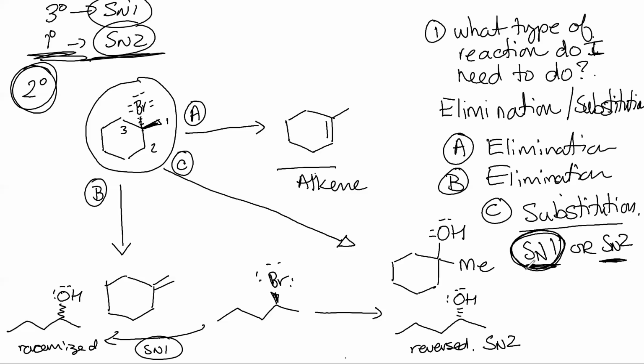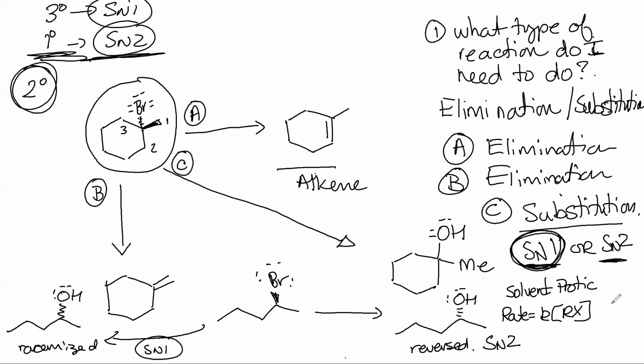Okay, if it's an SN1 reaction, what type of solvent do we use in SN1 reactions? We need polar protic solvents, right? And the rate equation for an SN1 reaction is some rate constant times the concentration of RX.